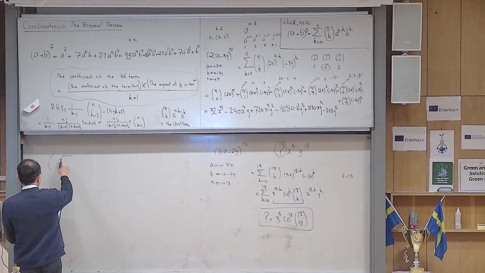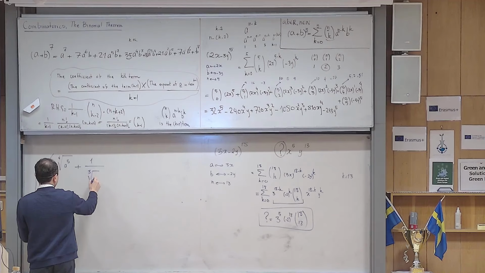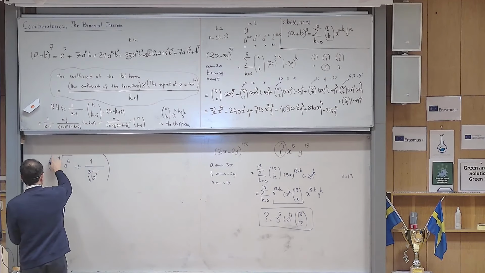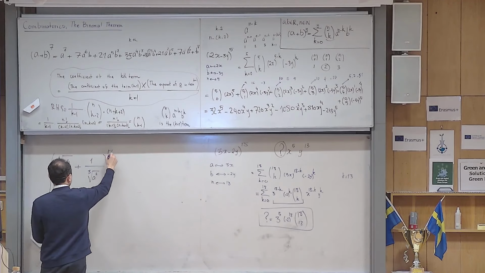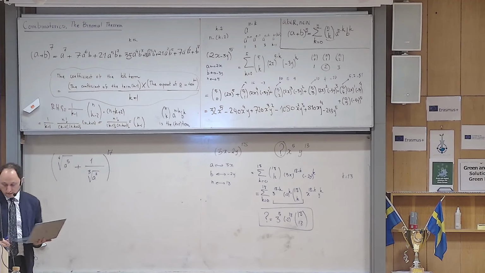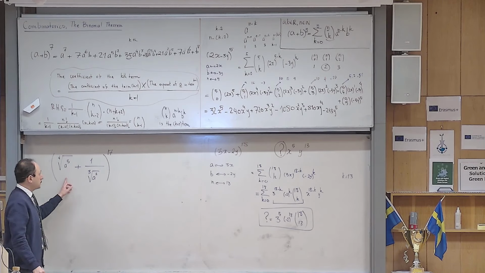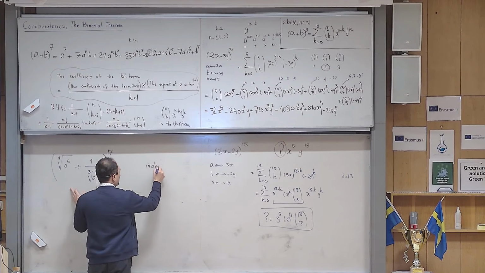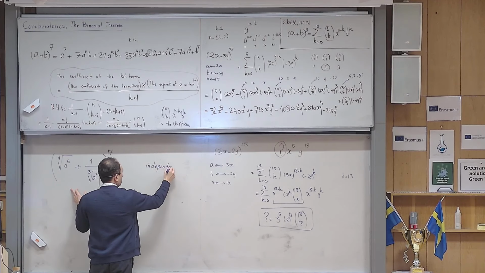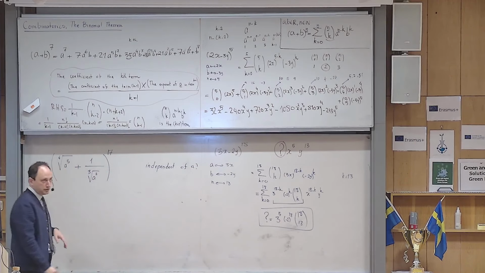The fourth root of a cubed plus 1 over the third root of a squared, and then totally to the power of 17. The question is, is there any term in this expansion which is independent of a? If there is, find that term.